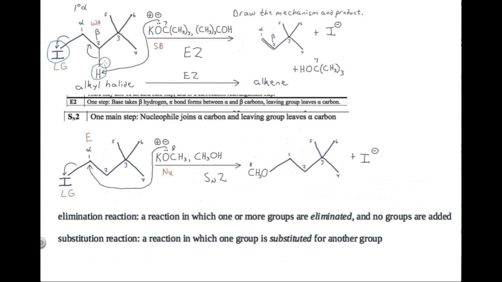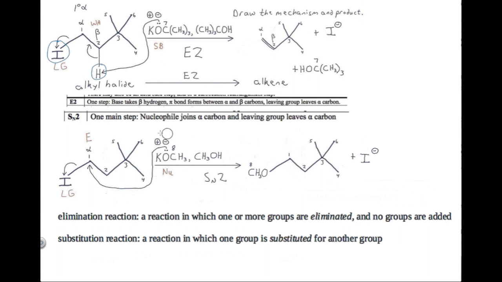So two groups were eliminated, and there were no groups added to this molecule during the E2 mechanism. We eliminated these two groups from this molecule, and we didn't add any groups to this molecule. That's why we classify E2 as an elimination mechanism.